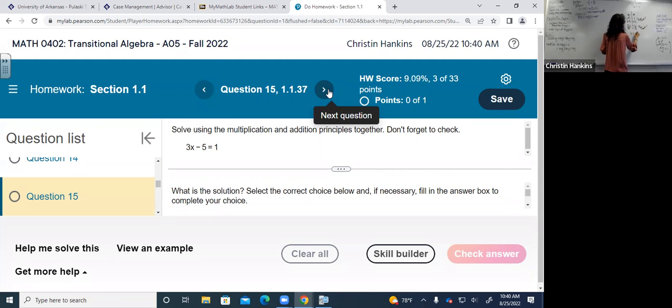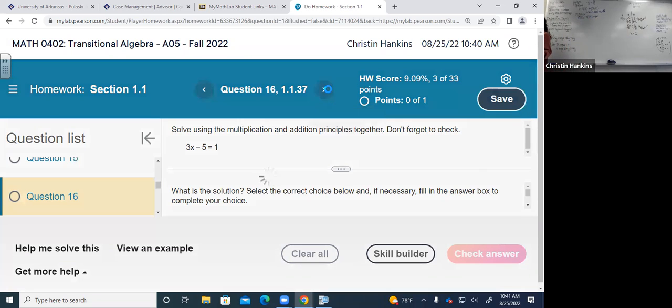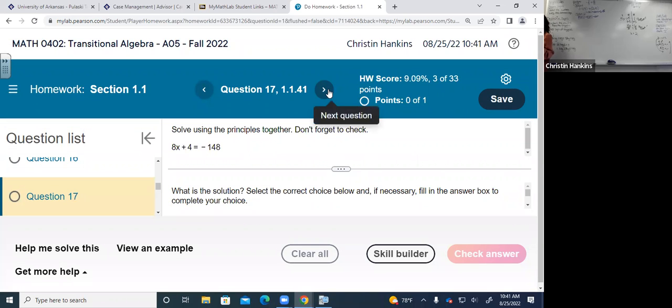So then you get practice with these. 2-step equations are not terrible for the most part. We're just adding in both steps.